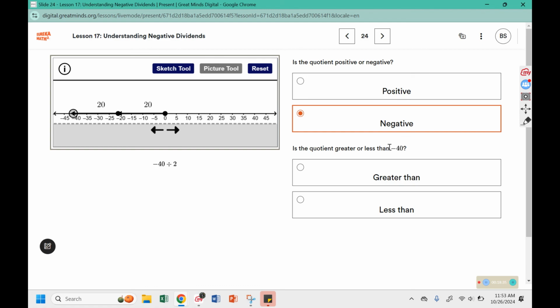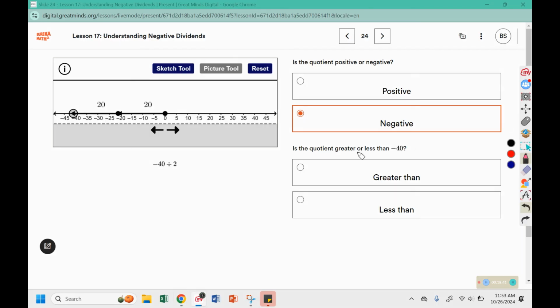Is the quotient greater than or less than negative 40? Now, negative 20 would be our answer, but negative 20 is greater than negative 40 because it's actually to the right on the number line.